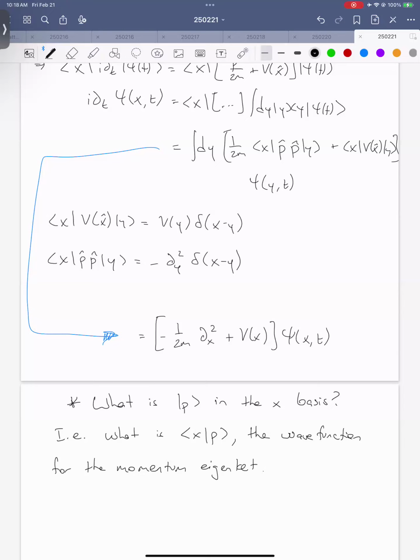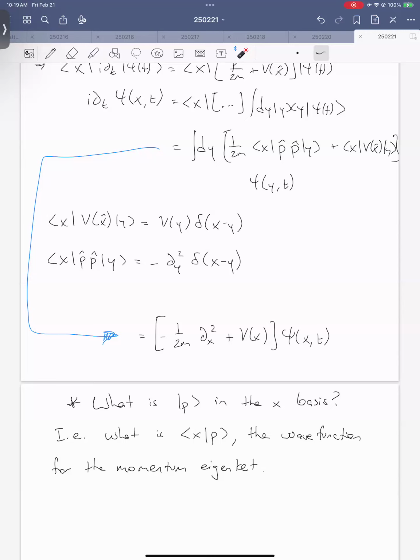And as we'll discuss further later, it's precisely this inner product that's going to tell us how we could perform a similarity transform or a change of basis from one basis, which is the position basis, to another basis, the momentum basis, for functions.